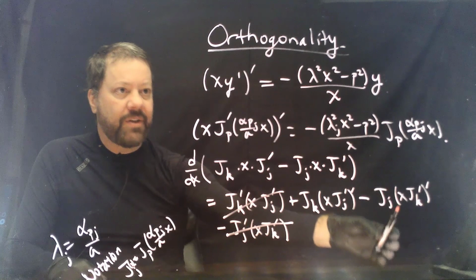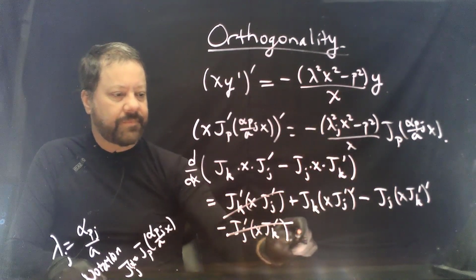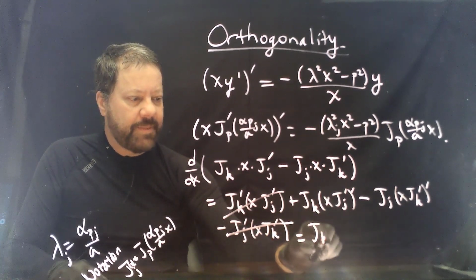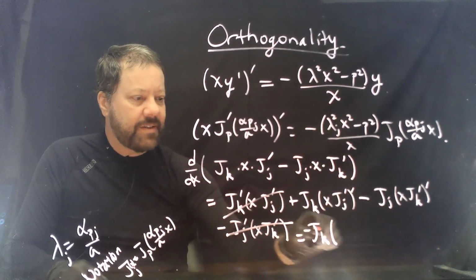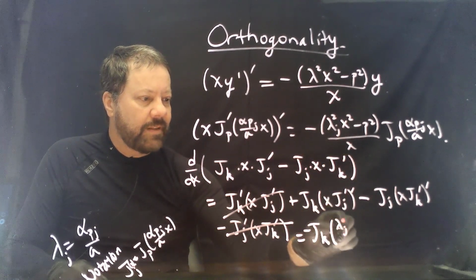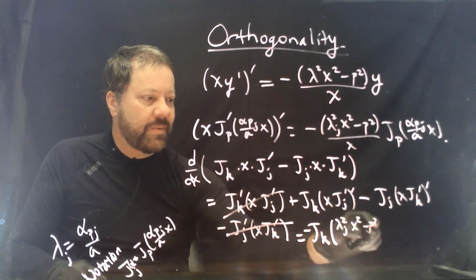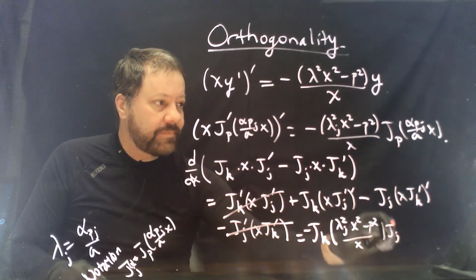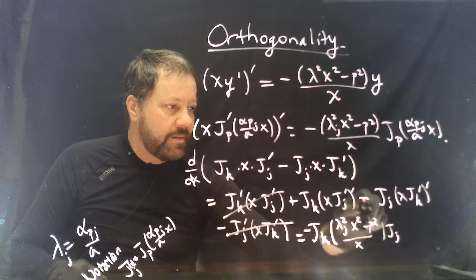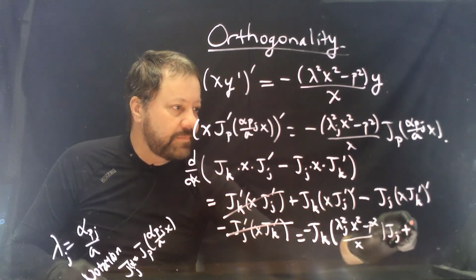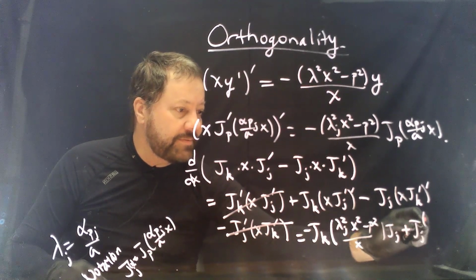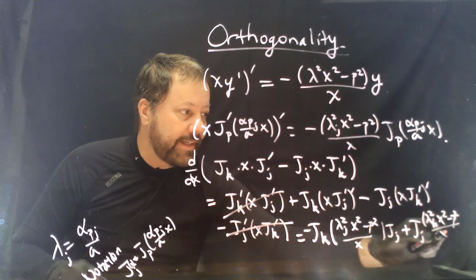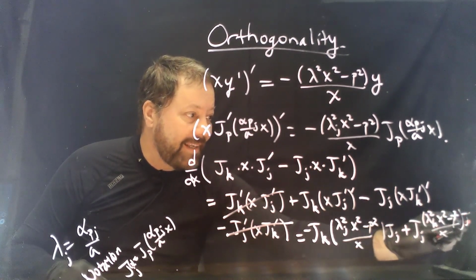And then over here we can use this. We'll have J_k times minus (λ_j² x² - p²)/x times J_j, minus minus J_j times (λ_k² x² - p²)/x J_k.